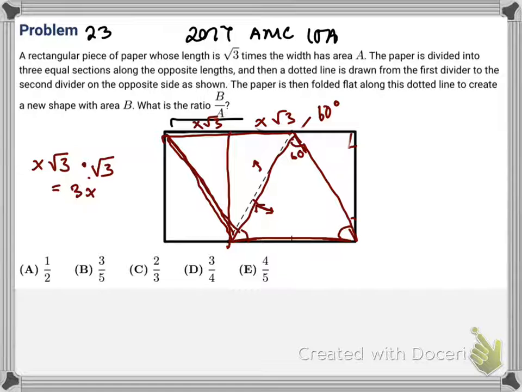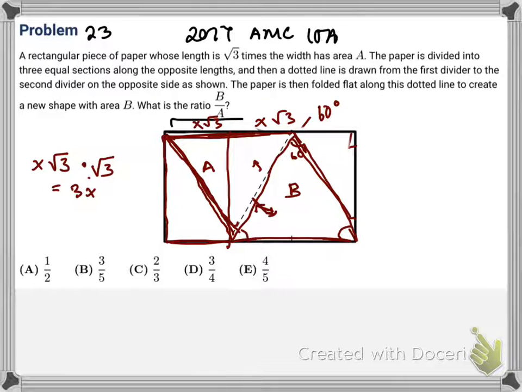These guys share an angle, and this triangle is just that triangle flipped over. So if I flipped it, this triangle, triangle A, would flip right into triangle B.